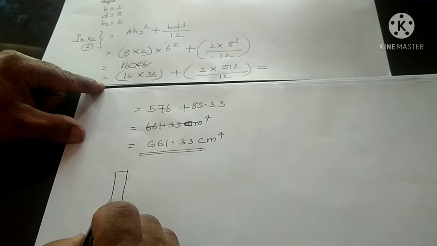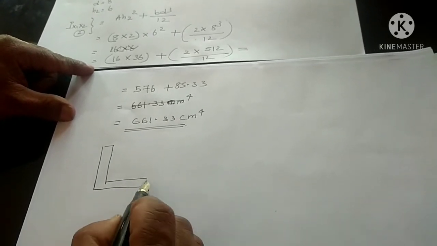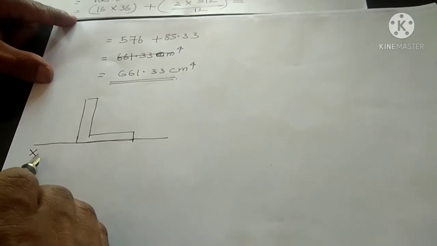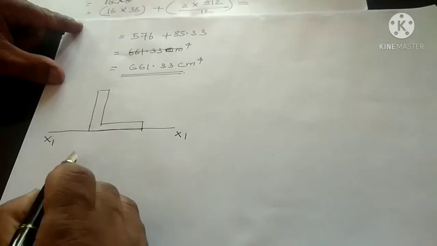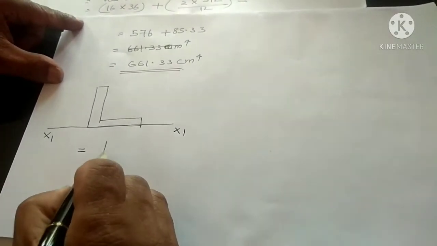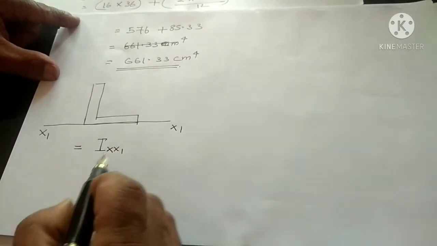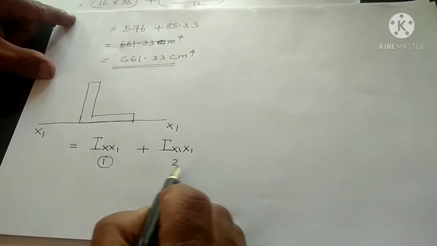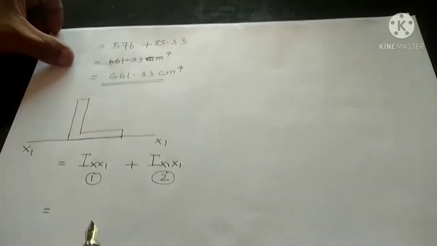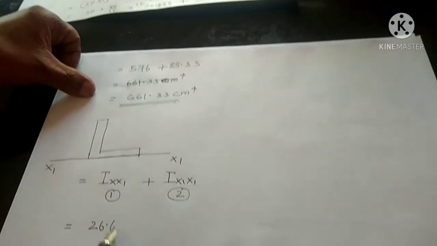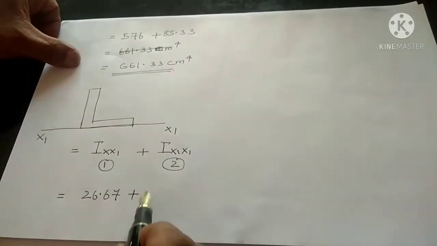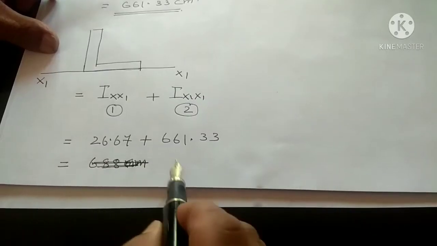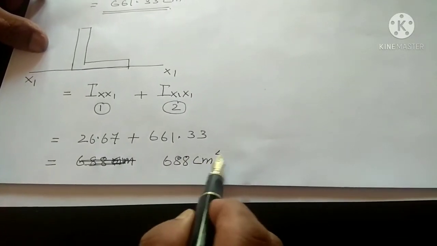So for the composite area, the moment of inertia with respect to the reference axis X1 is equal to I x1 for the first component plus I x1 for the second component, which is equal to 26.67 plus, for the second component, 661.33, which is equal to 688 centimeter raised to 4.